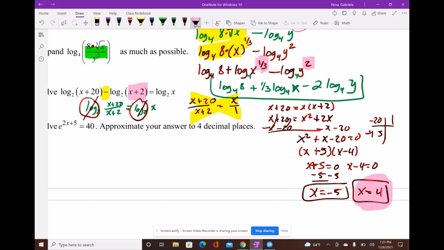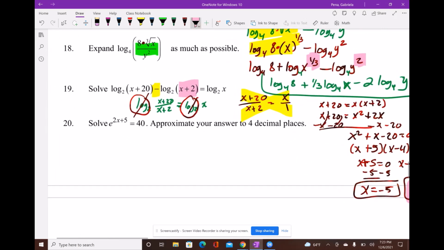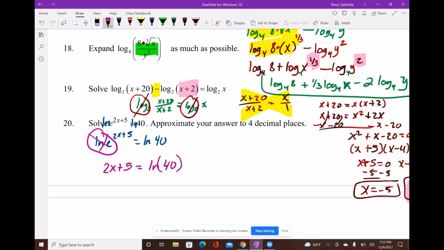Yes. Awesome. Number 20, you have to solve. This is the one you use ln. Very good. We have to put an ln on each side. So this becomes ln of e to the 2x plus 5 equals ln of 40. What happens anytime the ln and the e are next to each other? Cancels. So this just becomes 2x plus 5 equals natural log of 40.